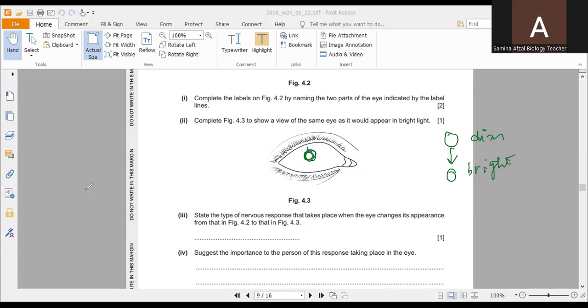The eye saves itself from the bright light because when bright light enters the eye, it can damage the retina. So this is the nervous response, which is an immediate response by the body, and this type of immediate response is called a reflex action.